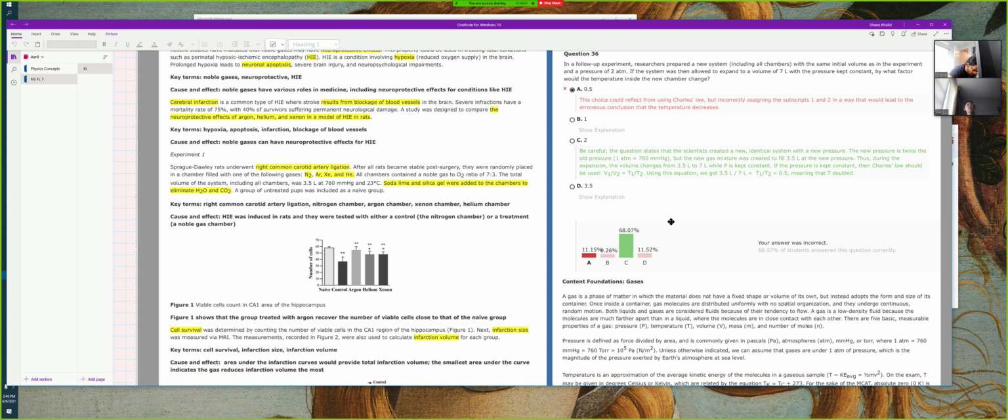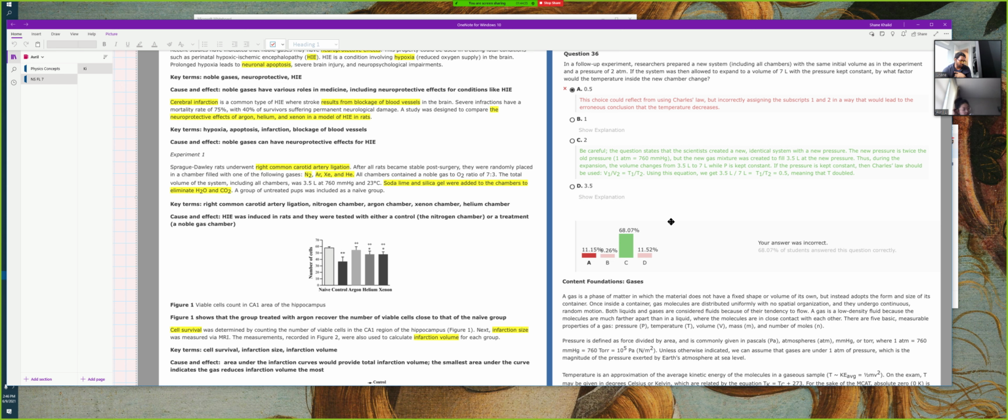Yeah, but if you cross multiplied this, V1 T2 is equal to T1 V2. So if this guy gets doubled, oh yeah, no. I could see what you're doing.